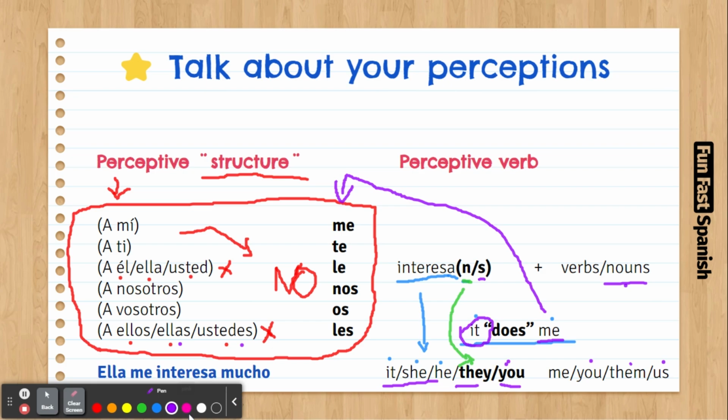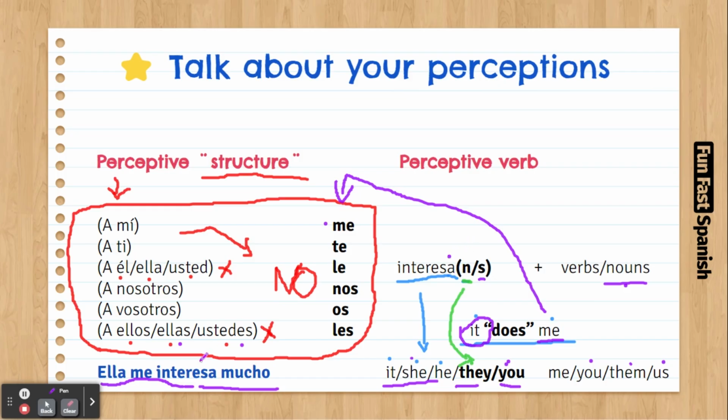Ella me interesa mucho. This one here. So I'm interested in her a lot. So ella, she, ella me interesa. So me interesa, o me interesa ella.